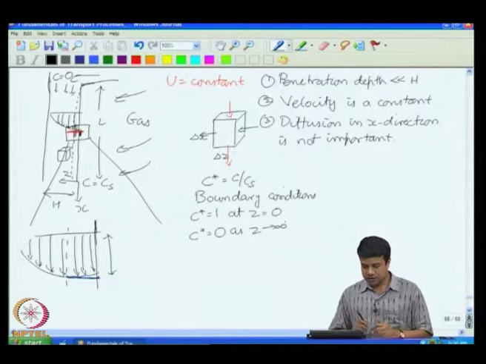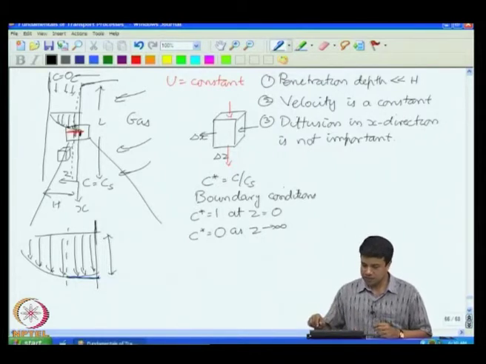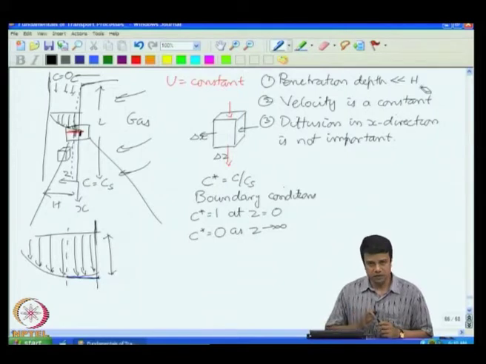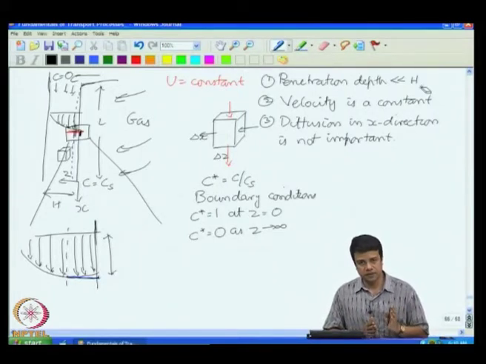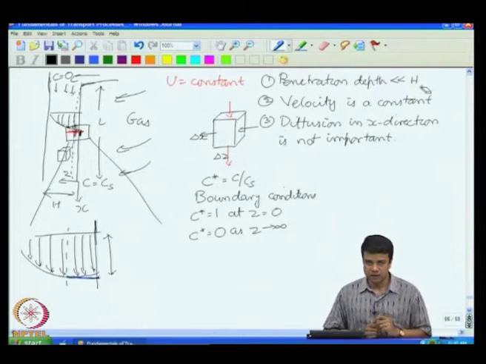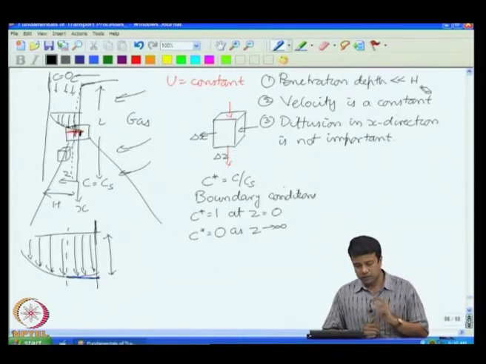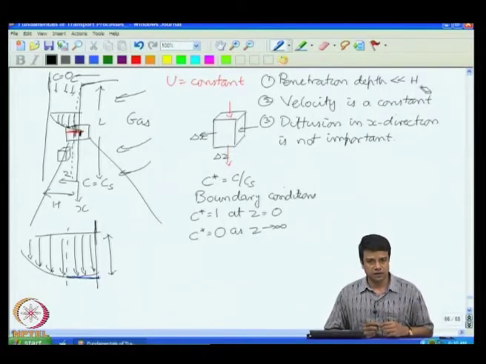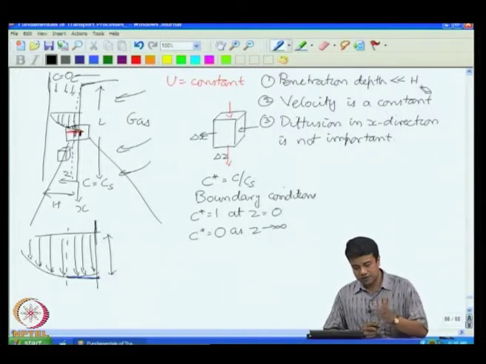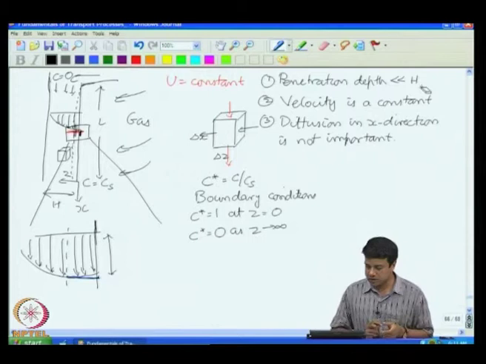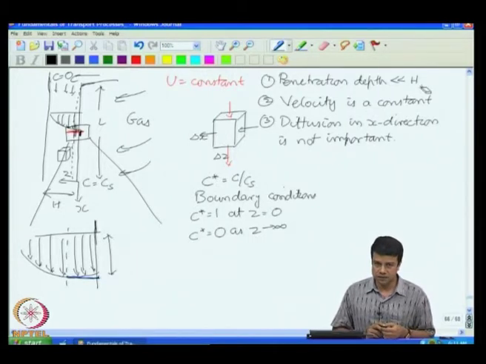Since the penetration depth is small compared to height, I should strictly be enforcing a 0 flux condition at the left surface if it is impenetrable. But however, since the distance h is large compared to the penetration depth, I can effectively enforce a boundary condition that C star has to go to 0 as z goes to infinity.